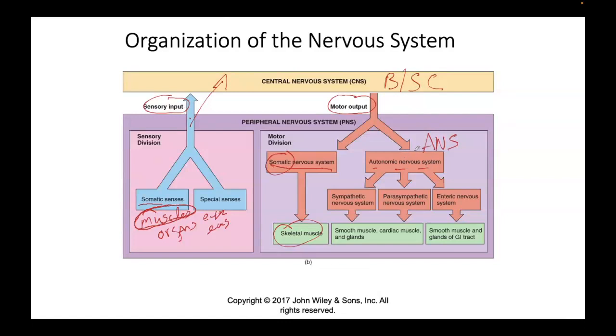Now, when we talk about autonomic, there's two main branches that I want you to focus on: sympathetic and parasympathetic. For the most part, I think of sympathetic as the accelerator, and I think of parasympathetic as the brake.